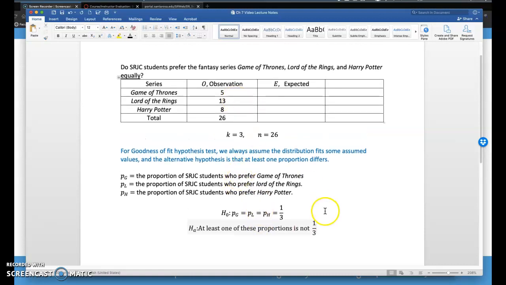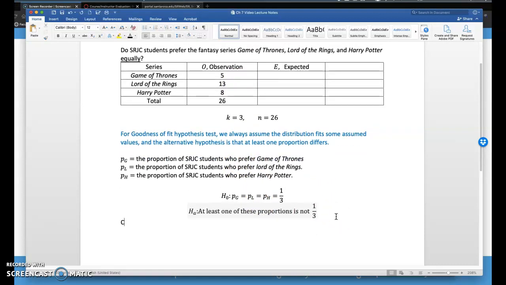All right. Okay, so I want to calculate expected counts. We assume the null is true, that 1/3 of SRJC students prefer each of these series.